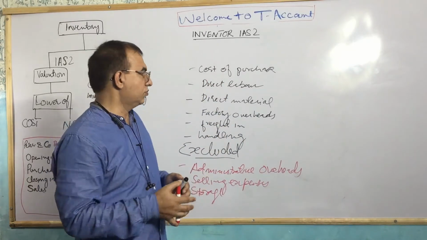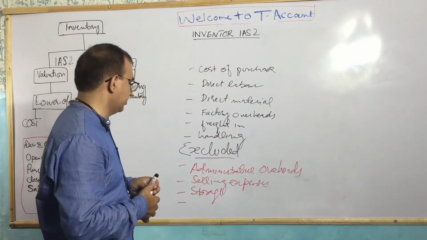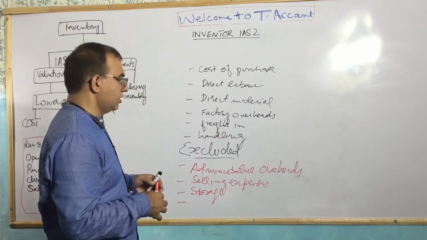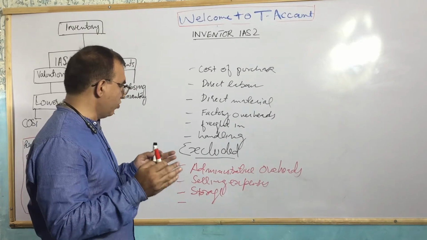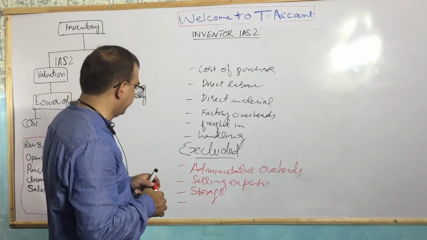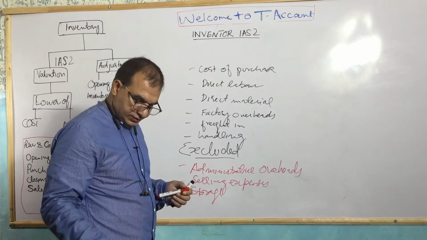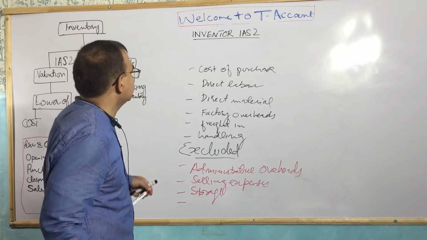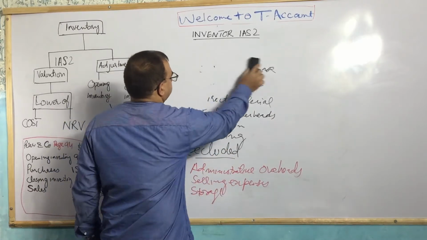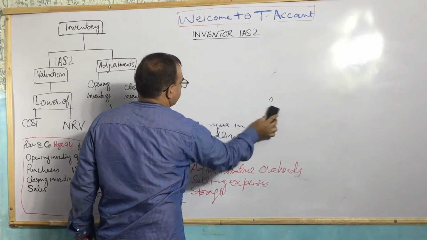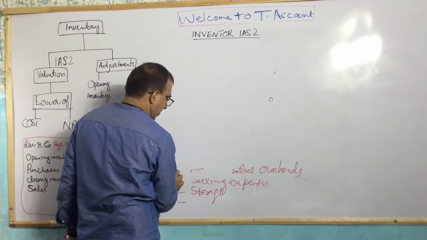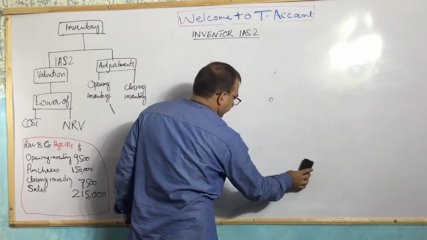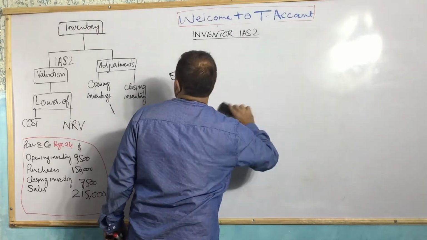It will be highly overstated and not acceptable. So only normal capacity and normal costs. These are the costs that you can include and the things that you cannot include. Now moving on to the methods, how to do that.